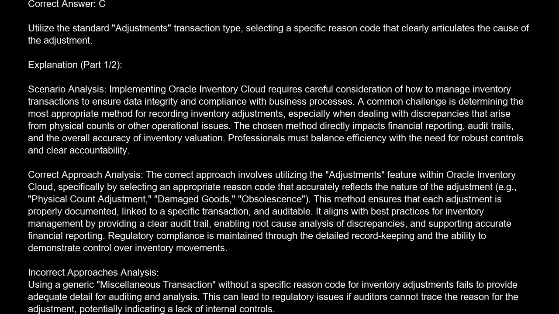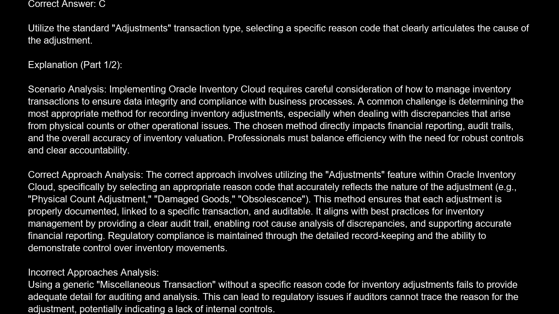Correct answer is C. Utilize the standard adjustment transaction type, selecting a specific reason code that clearly articulates the cause of the adjustment. Explanation. Scenario analysis. Implementing Oracle Inventory Cloud requires careful consideration of how to manage inventory transactions to ensure data integrity and compliance with business processes.